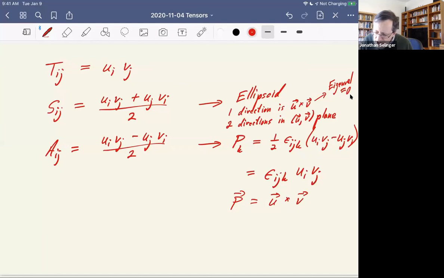Okay, because if you take this symmetric tensor contracted with a direction that's perpendicular to both u and v, you get 0. And the other 2 directions are non-zero eigenvalues.